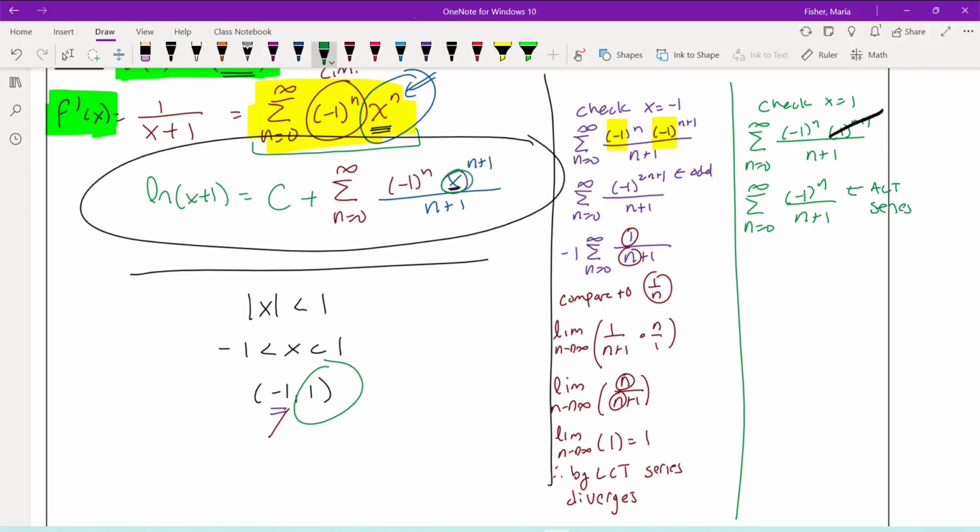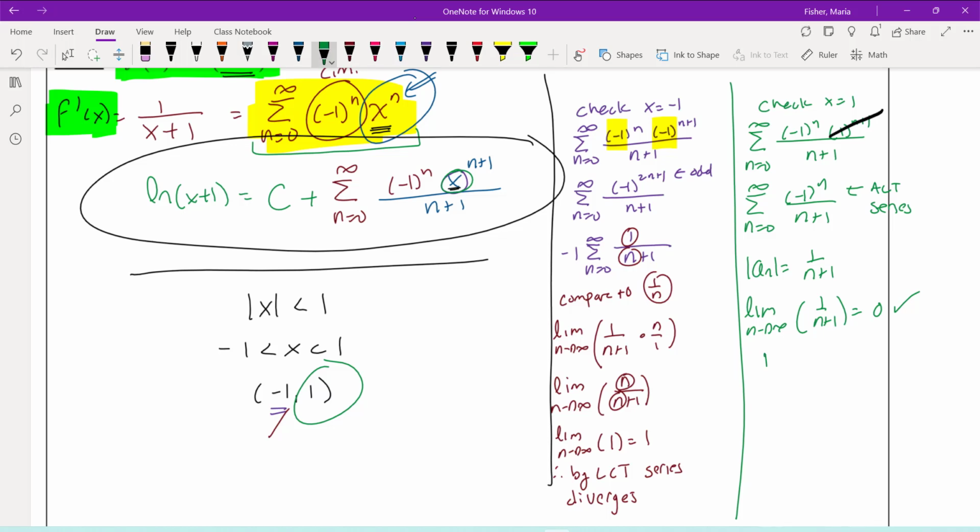Since it's an alternating series, I can jump to the alternating series test. So I take the absolute value of a sub n, which is going to be 1 over n plus 1. Now what's the limit as n goes to infinity of 1 over n plus 1? Well, that's going to equal 1 over infinity, which is 0. The first part of the alternating series test has been met. The second part, a sub n plus 1 has to be less than or equal to a sub n.